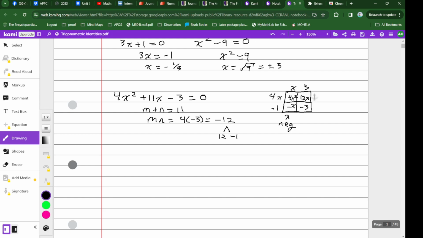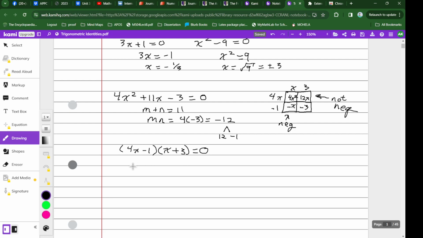And since this 12 is not negative, we are not going to write negative 3. So this means that we now have 4x minus 1, x plus 3, and that's going to equal 0.